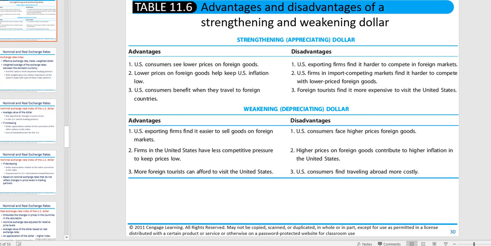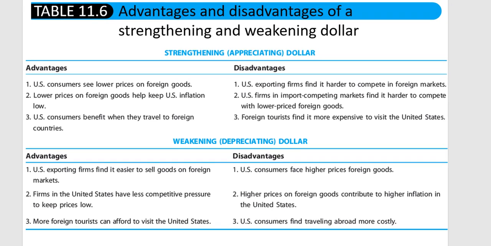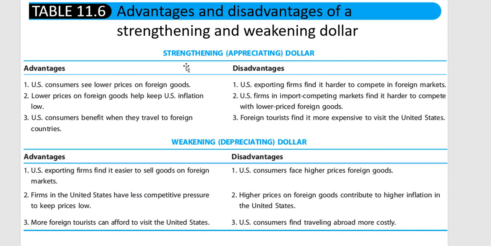Table 11.6 summarizes the advantages and disadvantages associated with a dollar that is appreciating or depreciating. So the advantages of having a dollar that is appreciating. Well, the advantages are primarily at the level of consumer prices on imported goods. So the stronger the dollar gets, the cheaper it is for US consumers to buy foreign goods or to go on vacation.